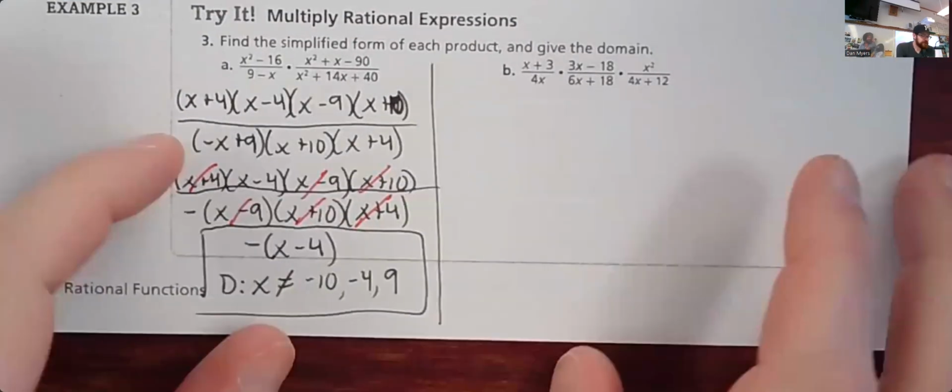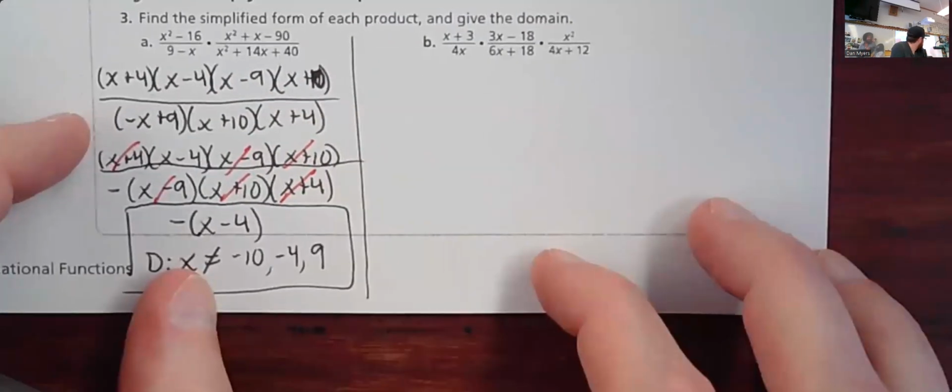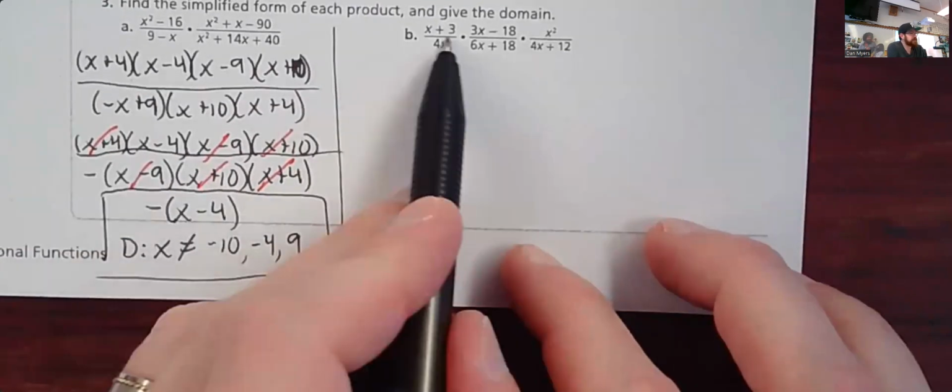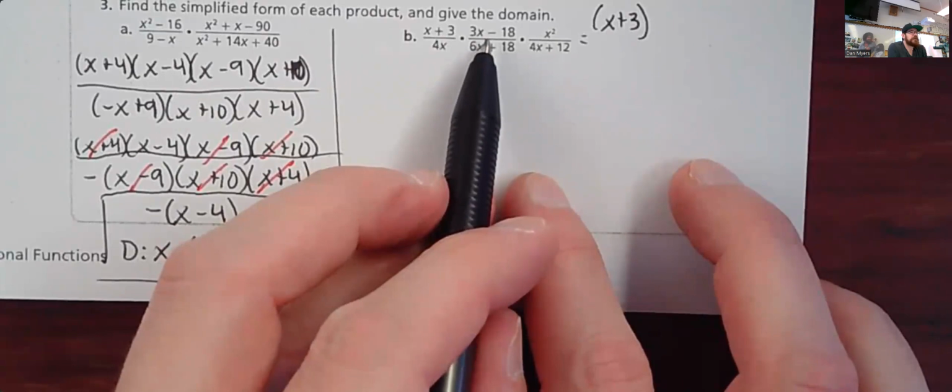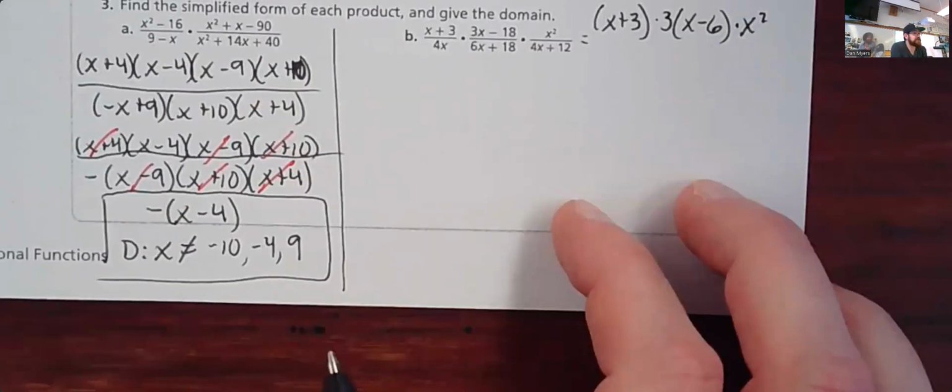All right. So if you're not done with it yet, that's okay, but let's have a look here. So on the numerator, x plus 3, that doesn't factor. So I'm just going to write equals, here's x plus 3. What could we factor out of 3x minus 18? 3. All right, so we're going to do times 3 and then parentheses x minus 6 and then times x squared because that doesn't factor either.